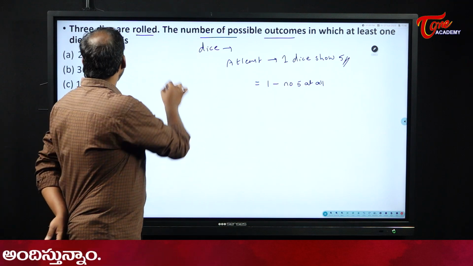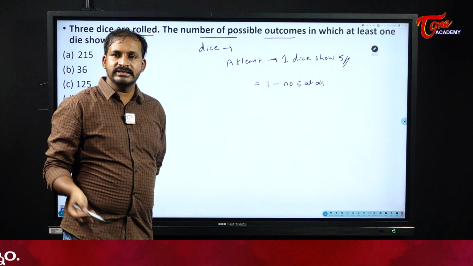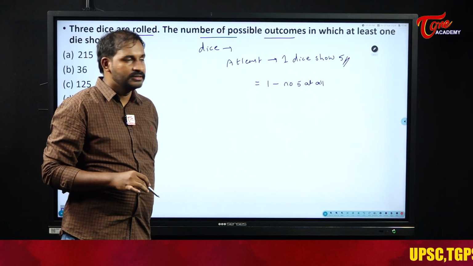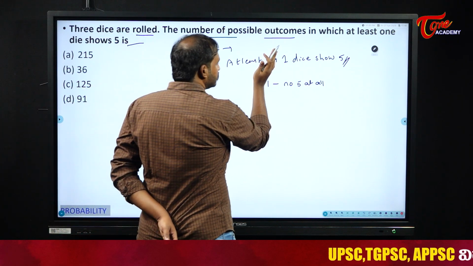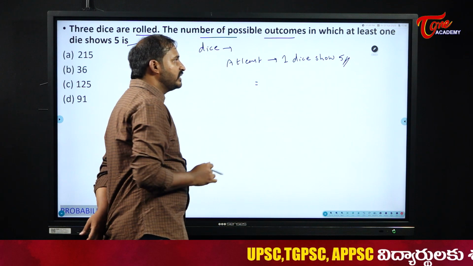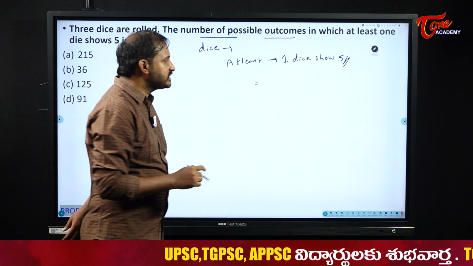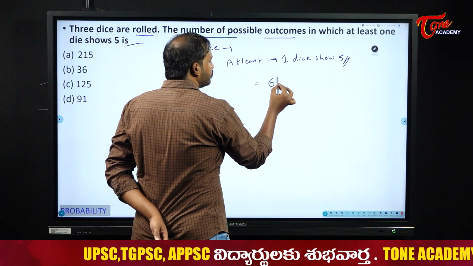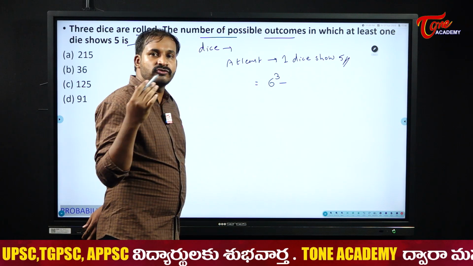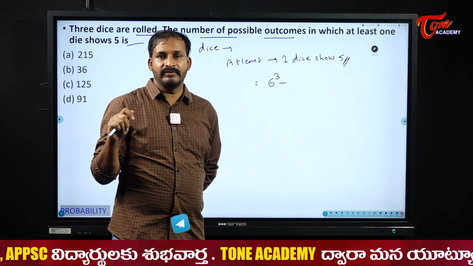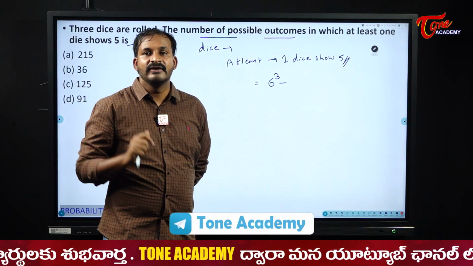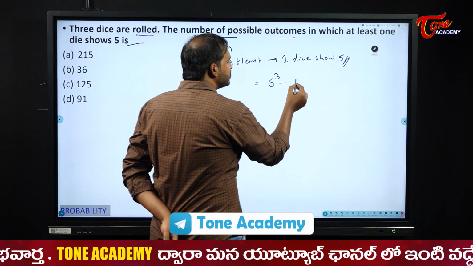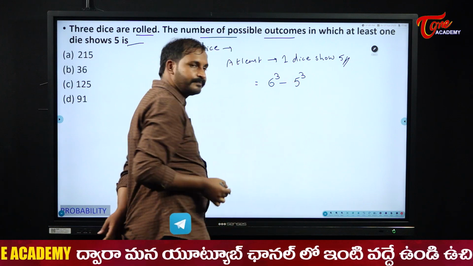Probability means we will do it in a little bit different manner. So here, total number of chances are how many, students? Total number of chances are 216, sir, 6 cube. Minus, 5 should not be there at all, right? So now my total outcomes will become how many? Just 5. So 5 cube.